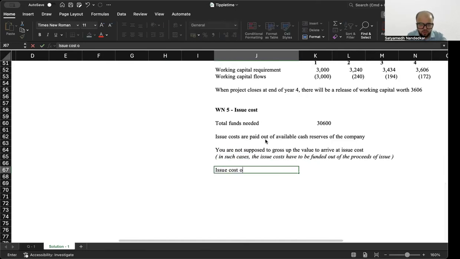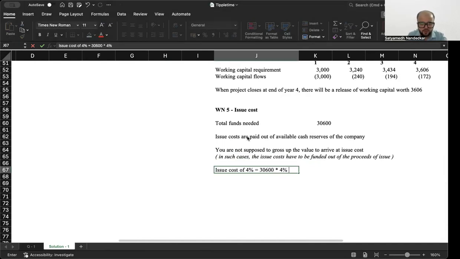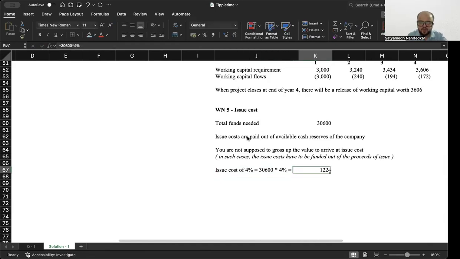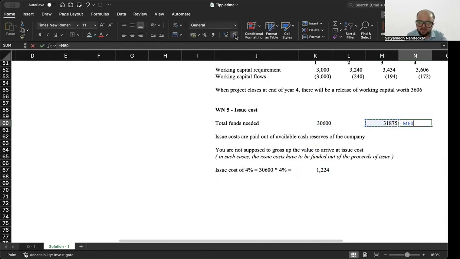So issue cost of 4%, meaning your 30,600, which is your total amount, 30,600 into 4% is how you would calculate. 30,600 into 4% becomes basically 1224, and this will be the amount of issue cost paid from your available cash reserves. Normally what you would do is gross it up. You would divide this by 96%, arrive at 31,875, and in that case you would say my issue cost is 1275.